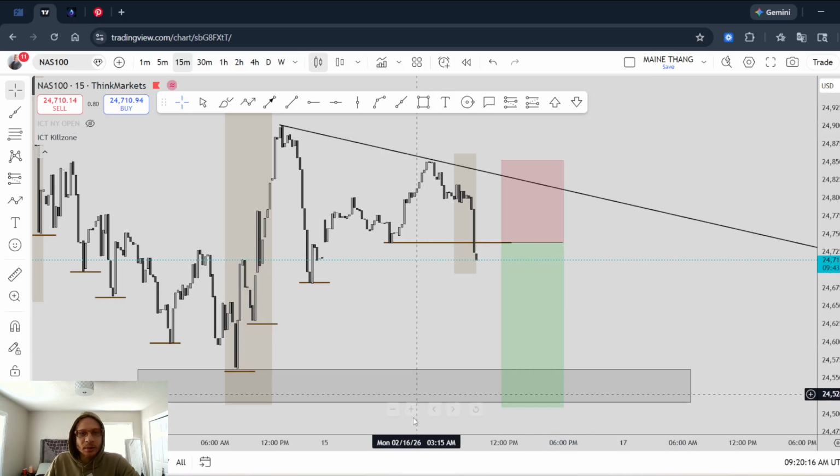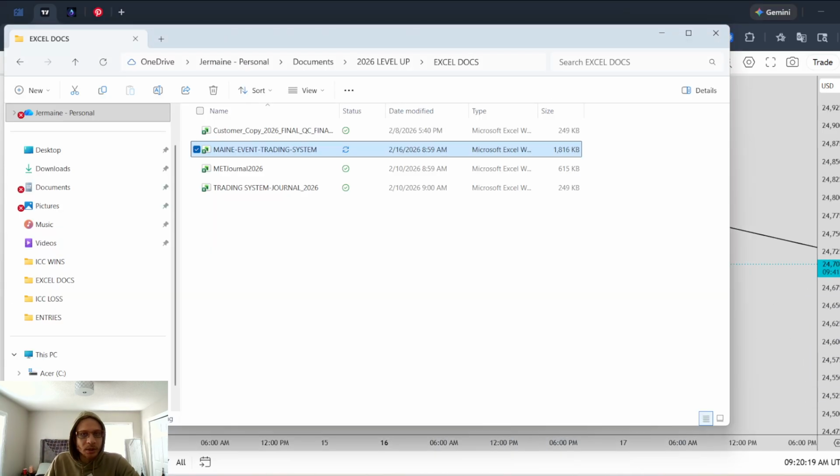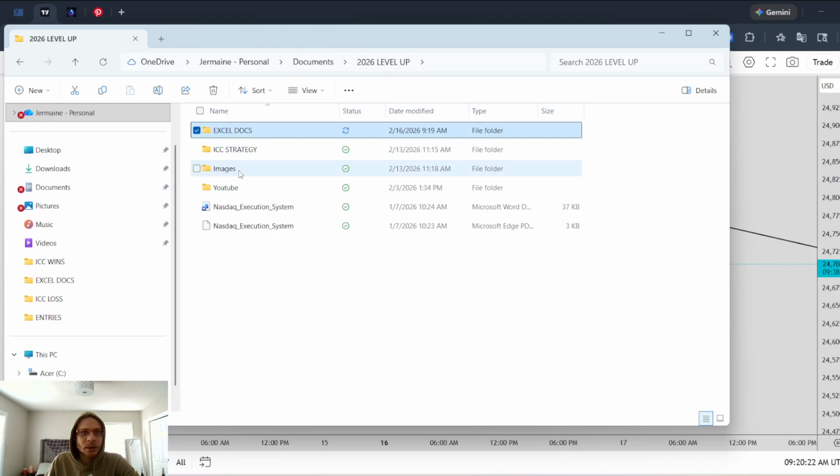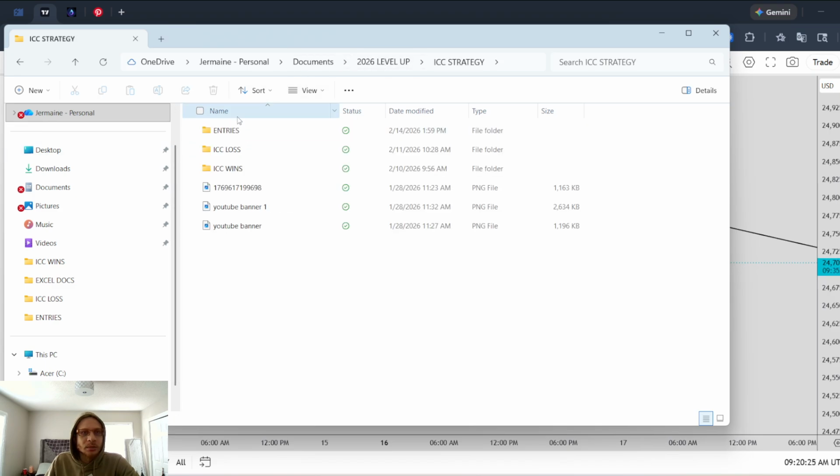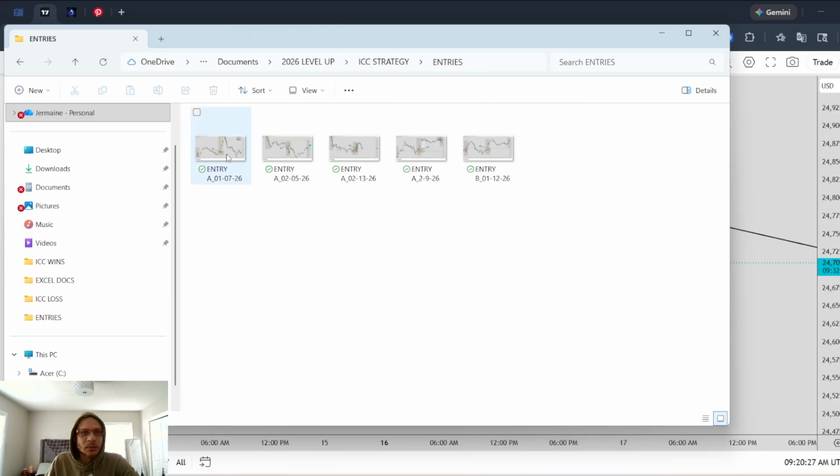Before that starts up, let's review what a good setup looks like. A good entry looks like this. Hopefully this shows, I never opened this up on OBS.